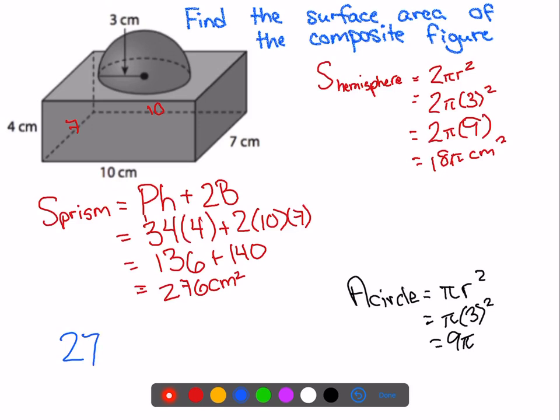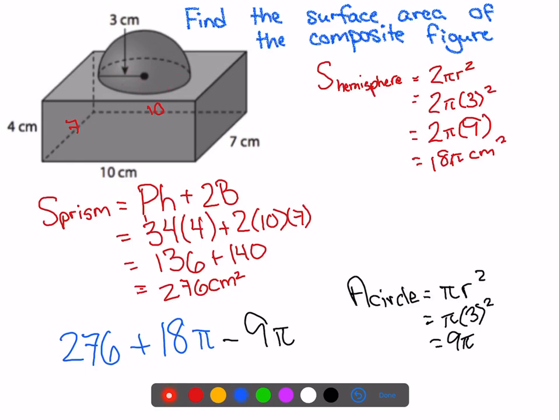From here, we're just going to add these together. Well, not all of them. We're going to add the surface areas and take out the area of our circle. So 276 plus 18 pi minus 9 pi. Because again, we're taking out this area here. We don't want this area involved. It's not showing its face to the surface, so it's not part of our surface area.